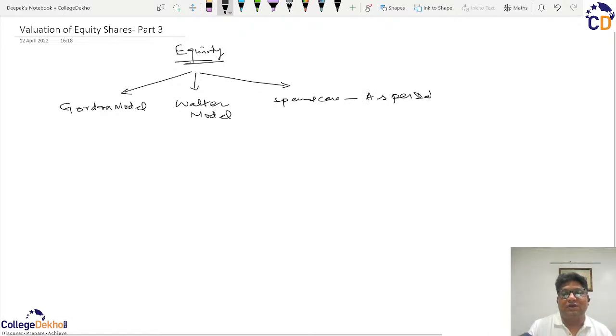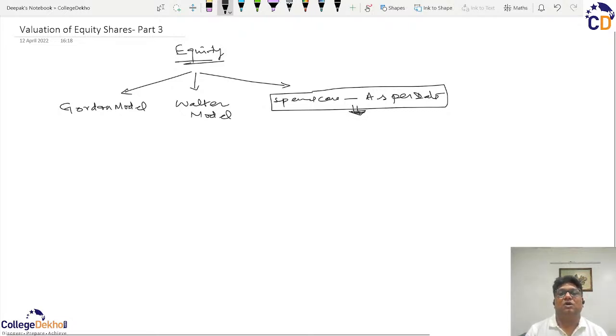In this third case, I will discuss a DU exam question with you, where you will feel that sometimes the data is so scattered that you have to use the concept of time value of money to arrive at the solution. So firstly, we will undertake the Gordon model.